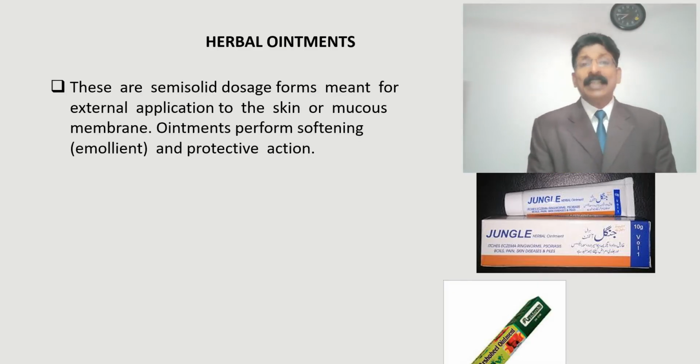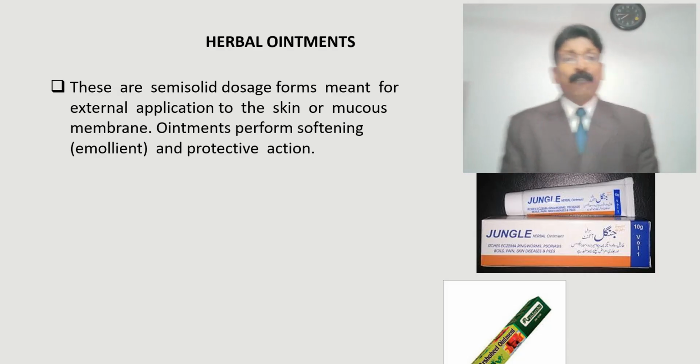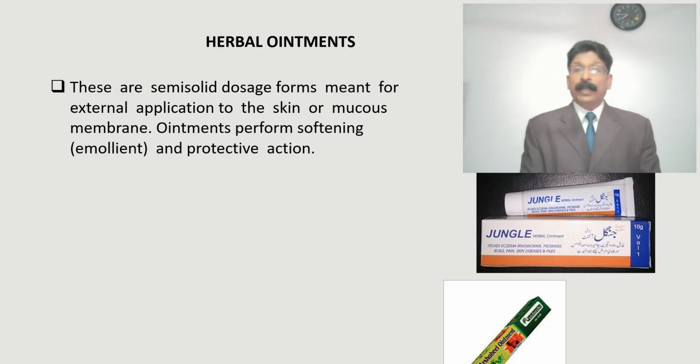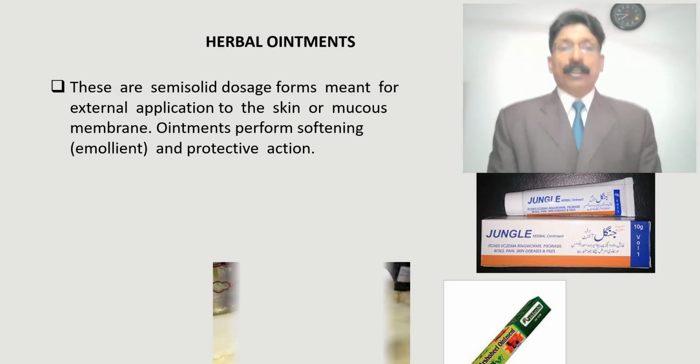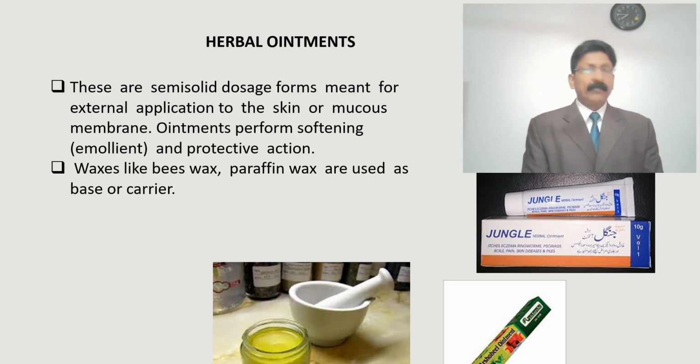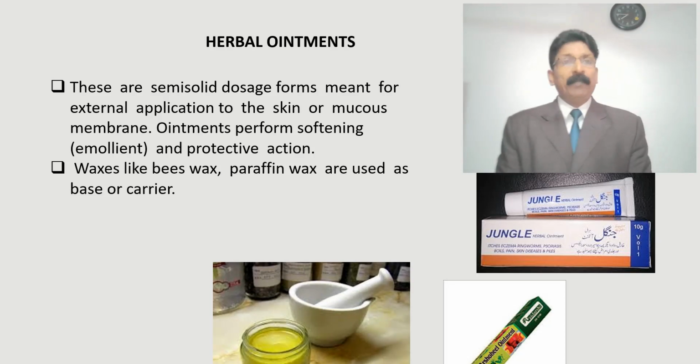These are semi-solid dosage forms meant for external application to the skin or mucous membrane. Ointments perform softening, emollient and protective action. We have many waxes, like beeswax and paraffin wax, used as the ointment base or carrier.